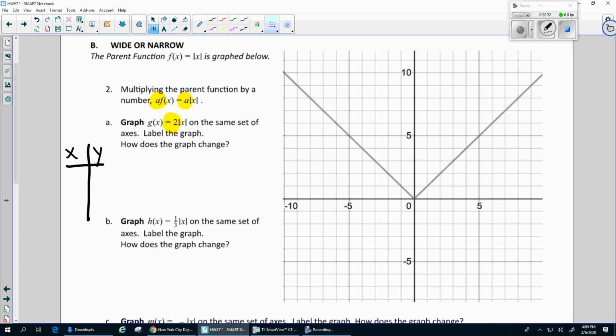So x, y. My origin is 0, 0. I'm going to plot a couple values for x that are below and above, and my corresponding y values.